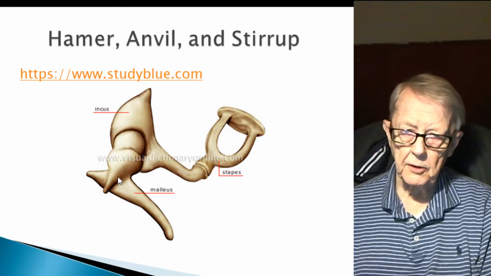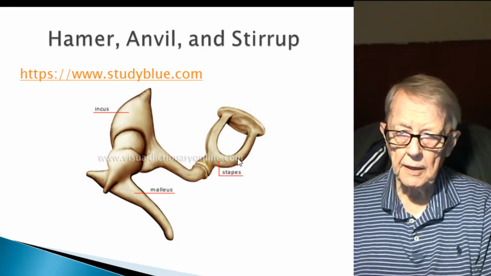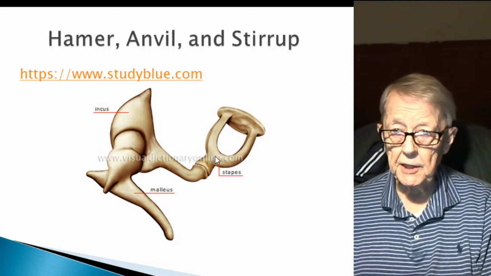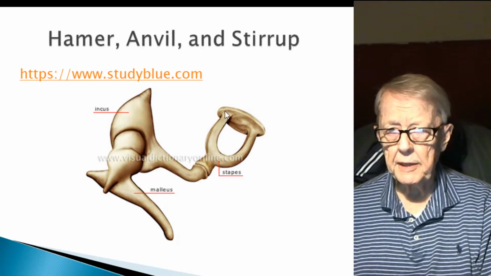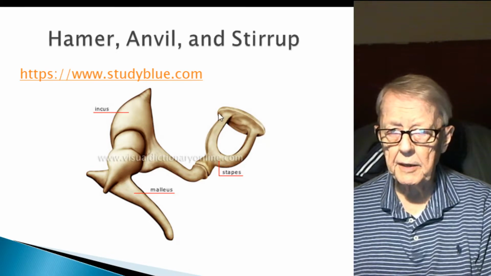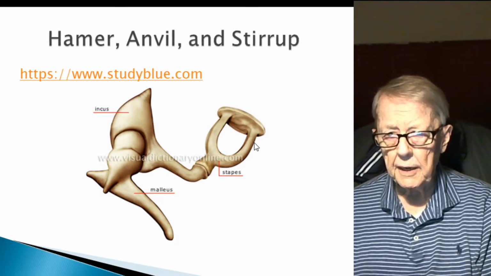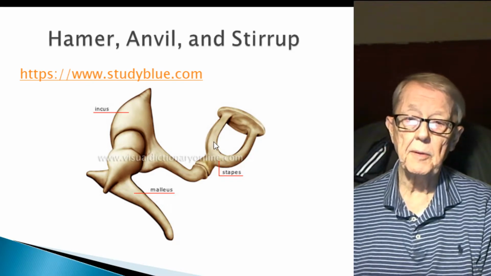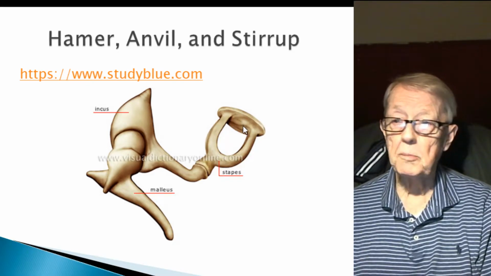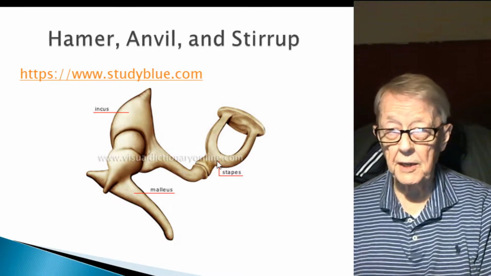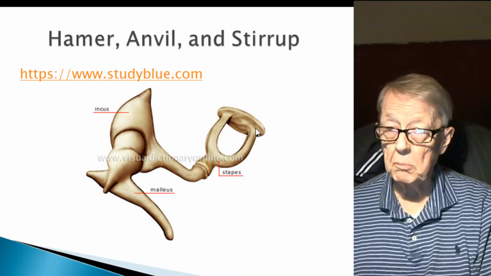But our common term is hammer, anvil, and stirrup. And you can see how this looks like a stirrup. And interestingly, it's made like this, like it could have more pressure this way and less this way. Whether that's really true or not, I'm making this up just by looking at this and what might happen.